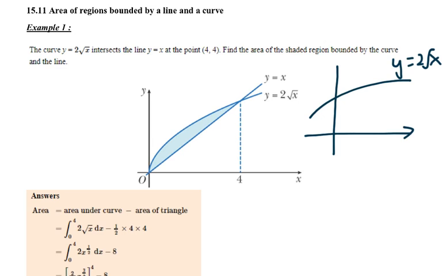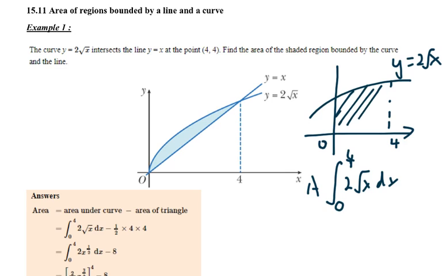If you integrate with the limits given, here 0 until 4, this equation 2 root x dx, you will be able to get the area under the curve from 0 to 4, which means you're getting the area of this whole particular part.